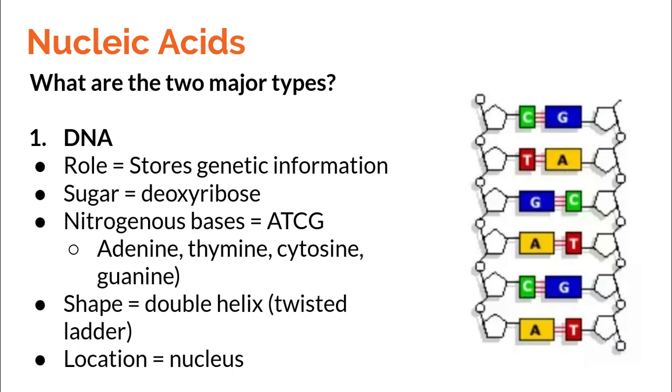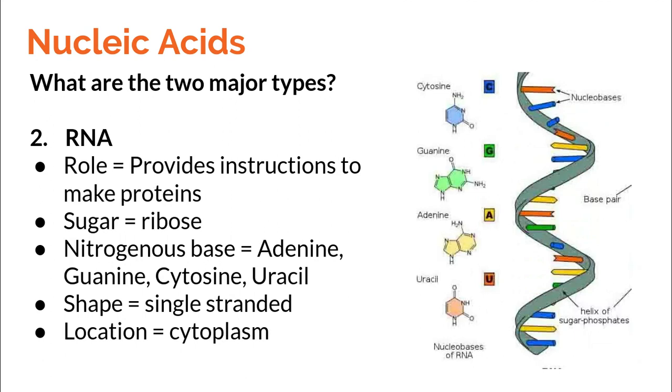So that's the first type of nucleic acid. The second type is RNA, which you may or may not have heard of. This is ribonucleic acid. And again, that has to do with the sugar, ribose, that is in the RNA molecule. And the job of RNA is to provide instructions to make proteins. So any sort of protein in your body needs to be created with RNA.